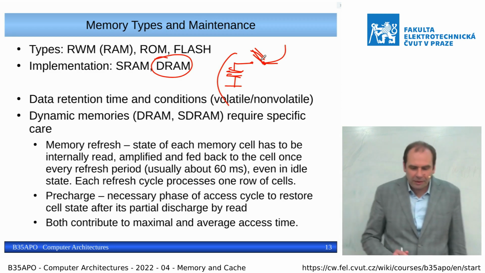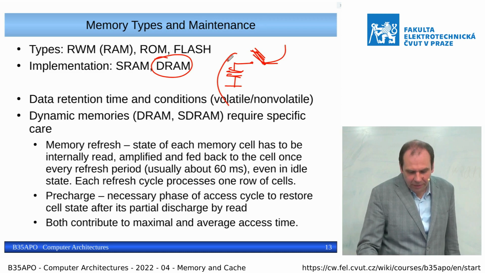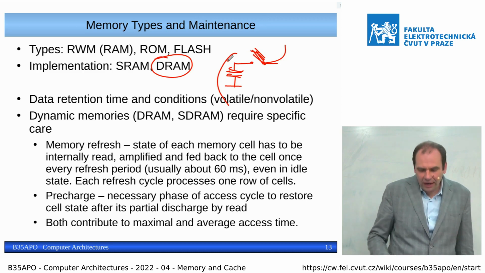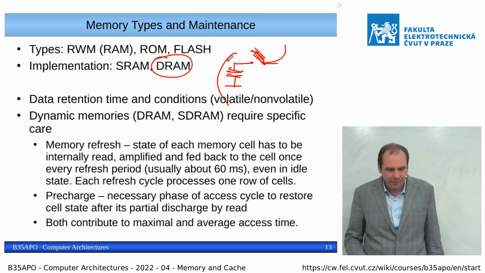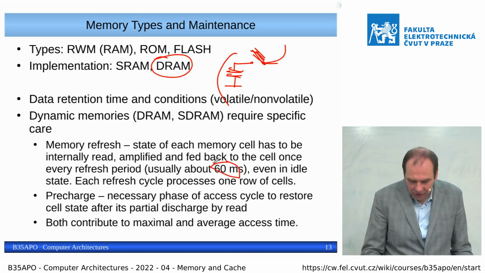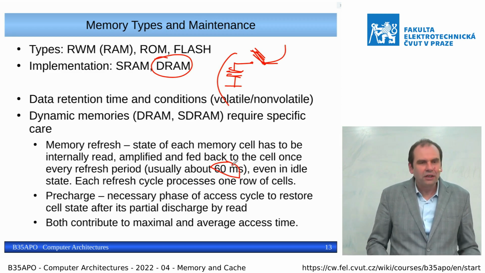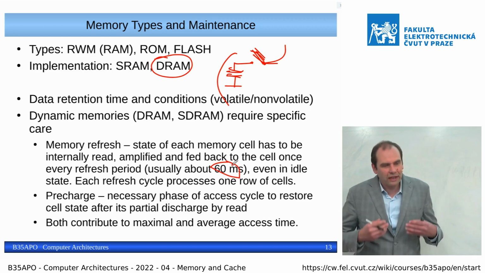So dynamic memory is cheap. It has only a single transistor per cell. The actual cell is implemented as a capacitor, but it requires a refresh. So basically, once per, for example, 60 milliseconds, you need to read all the data and write them back.